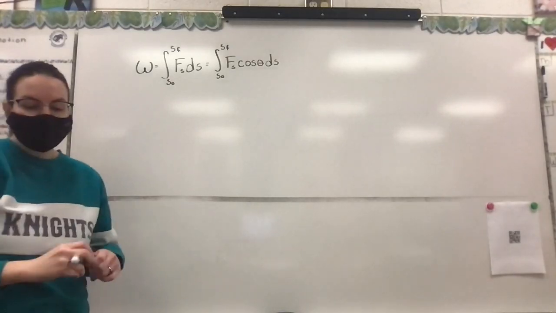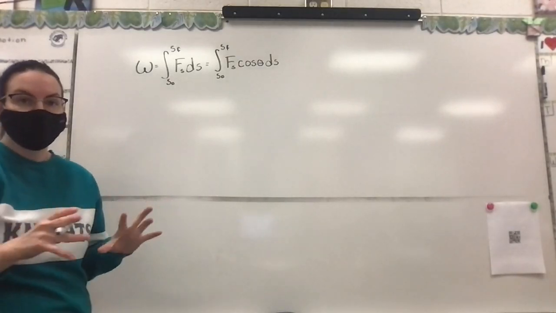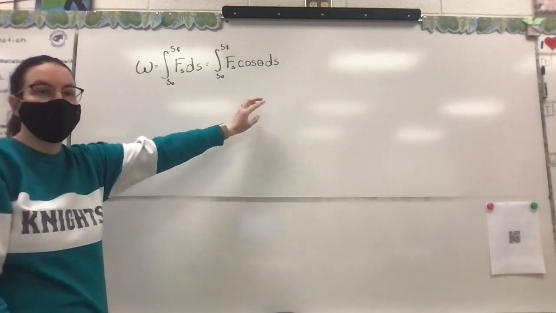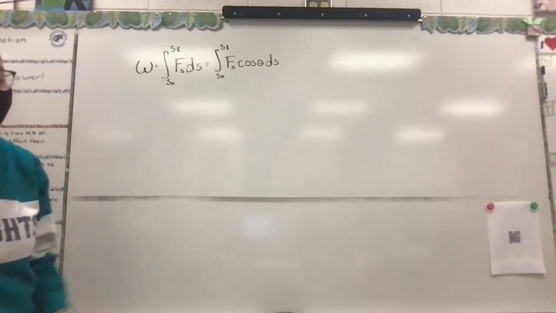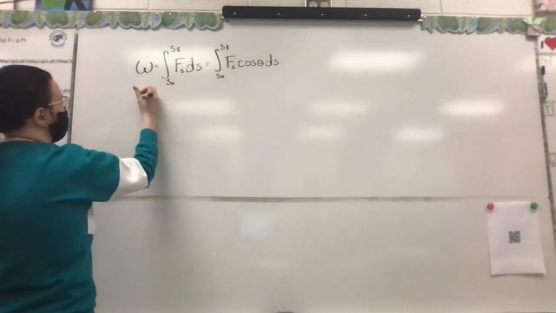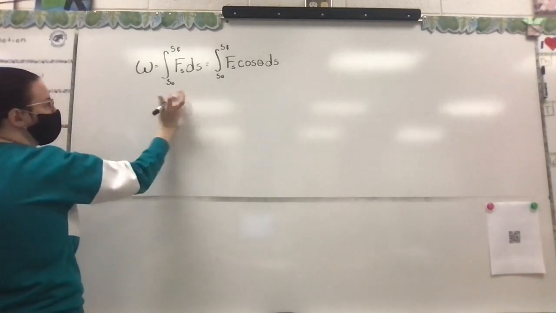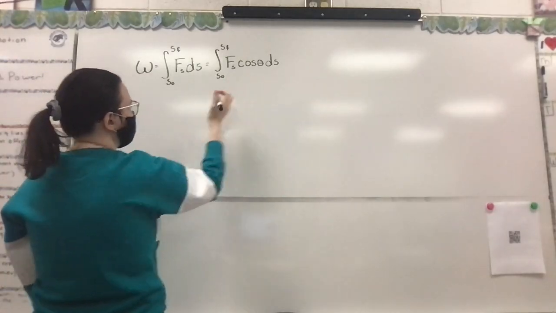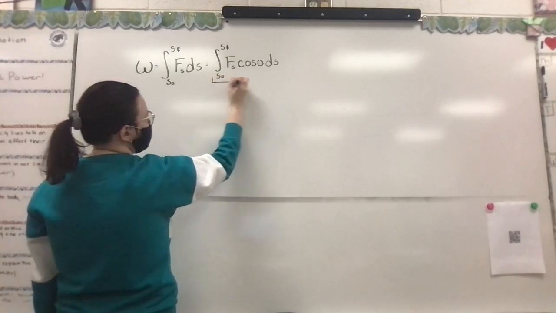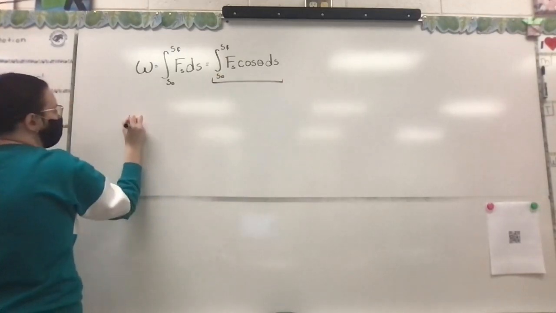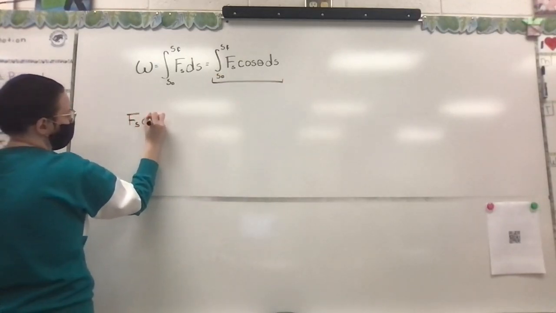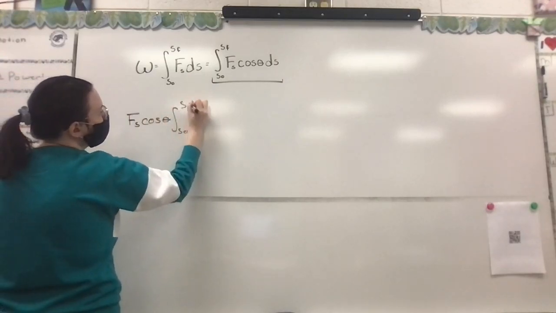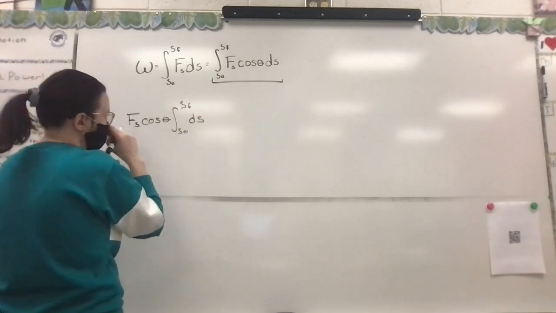Every single time that we have an angle, we're going to be able to use cosine. How about you walk me through the derivation? Do you remember how we took the integral yesterday? What do you think would be constants that we could pull to the outside? Cosine theta. Yeah, we're going to pull out Fs and cosine, and then we're left with ds, right?